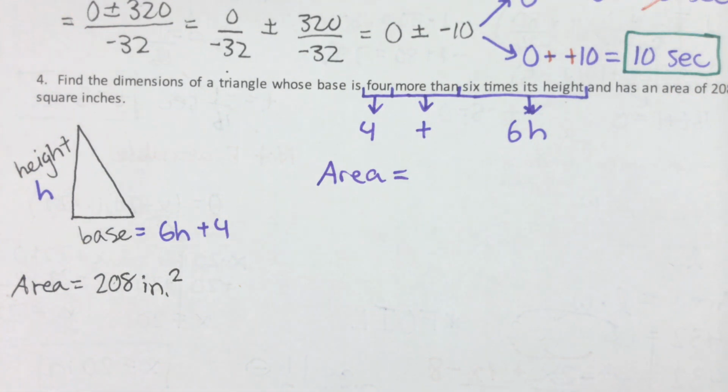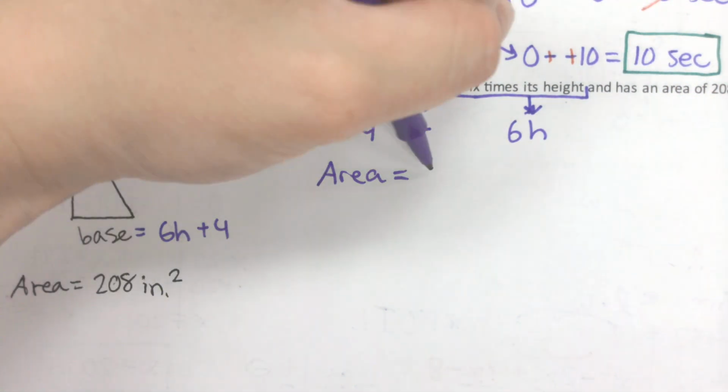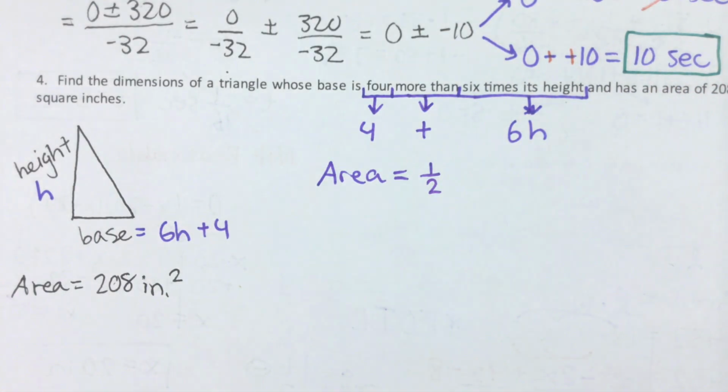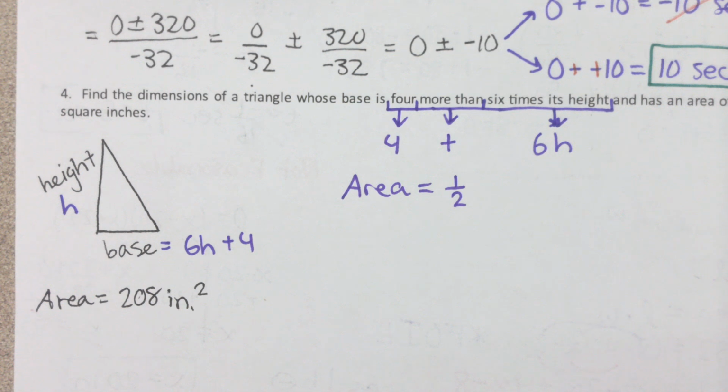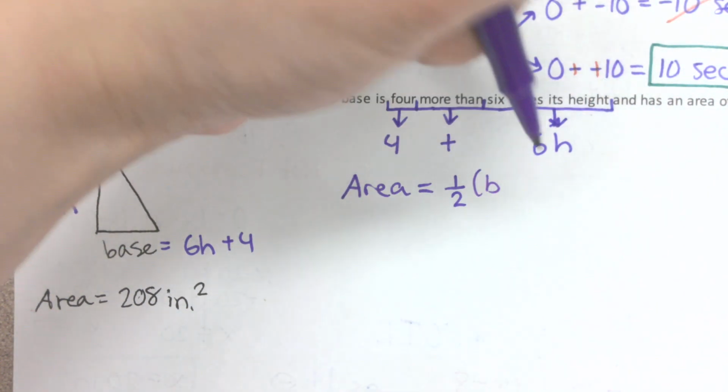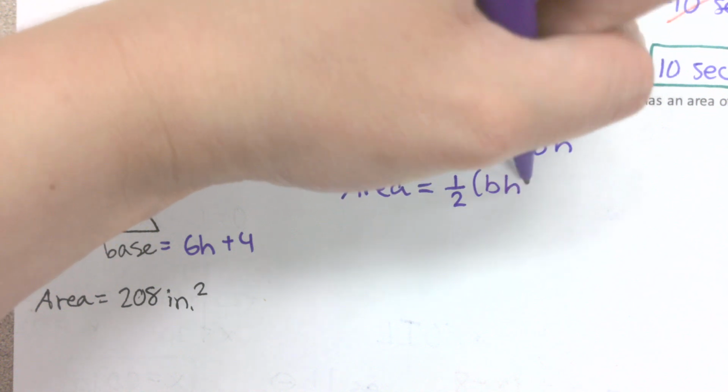Nope, that's rectangle. Nope. It starts with a half. Base times height. Yes. I'm only going to flip the order because it usually is 1/2 base times height, but yes, that's correct. 1/2 base times height.